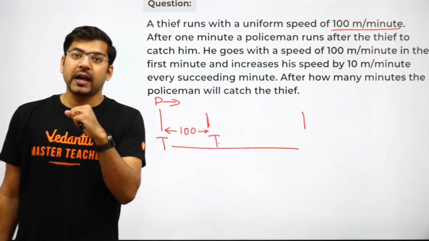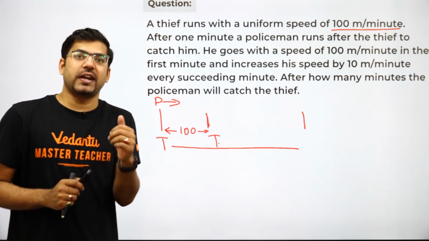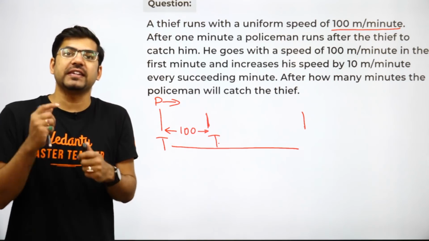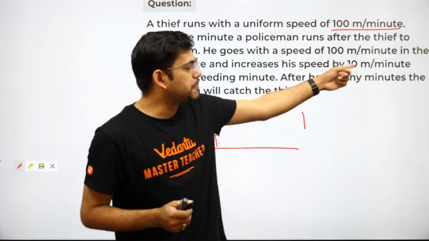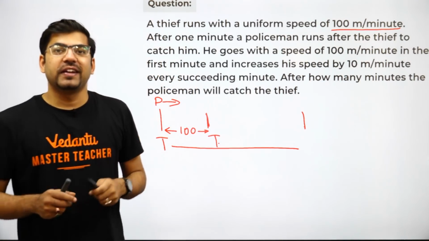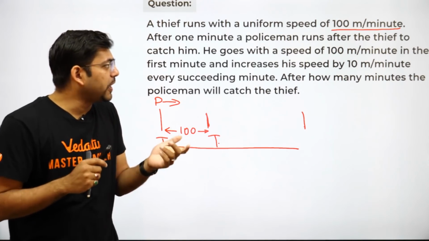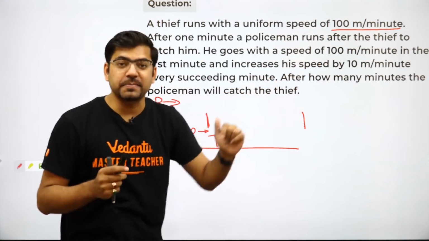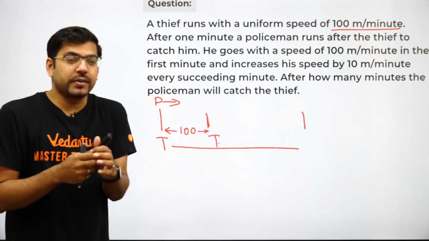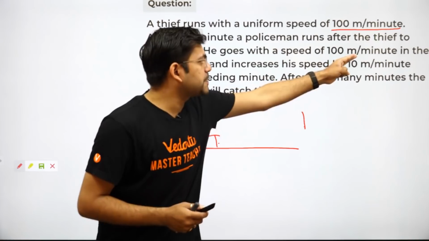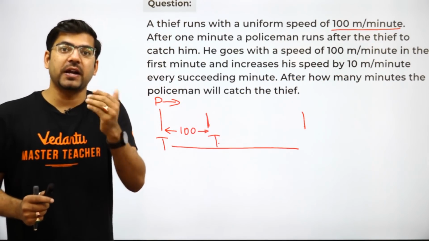Okay, first thing. And second thing, police speed is not constant. Every minute, the police is increasing his speed by 10 meters per minute. Now, what does this mean? The police is running with a speed of 100 meters per minute, meaning the police runs 100 meters in every minute. For the first minute, the police has a speed of 100 meters per minute, but will be increasing his speed by 10 meters per minute every minute.